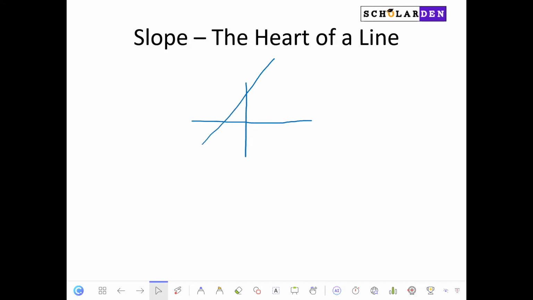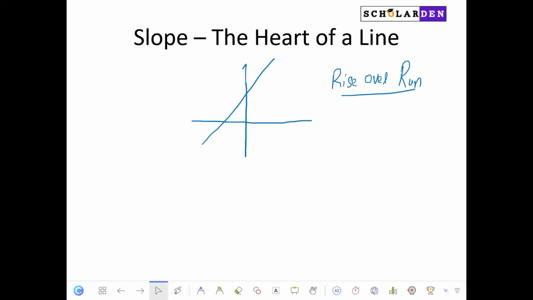That's not important right now. But what is the slope? The basic idea behind the slope is how much a line rises over how much it runs. So the key phrase is rise over run.